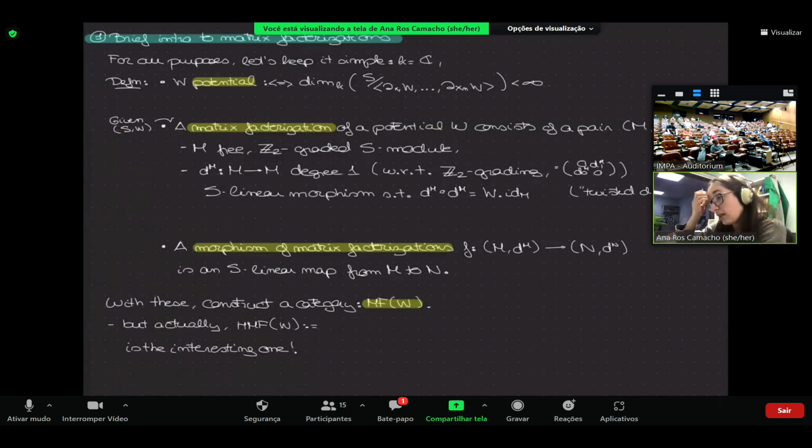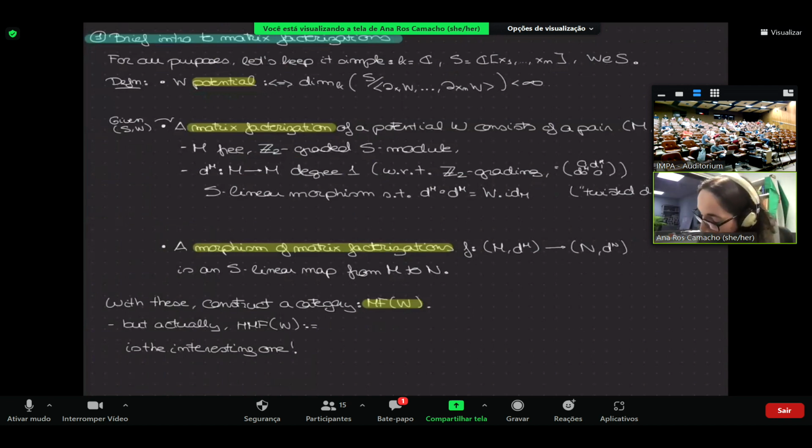I'm going to fix as my base field C. I am going to take my base ring to be just a polynomial ring S in n variables, and let me take one element W in this polynomial ring. I am going to call this W a potential if it satisfies the following condition.